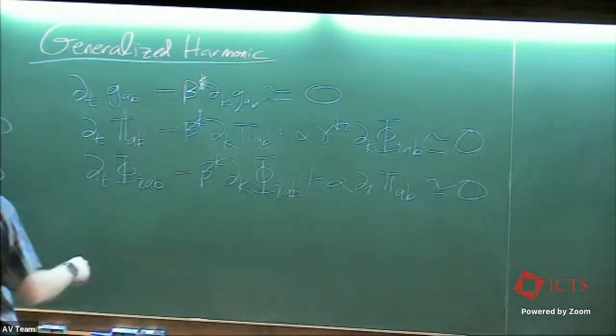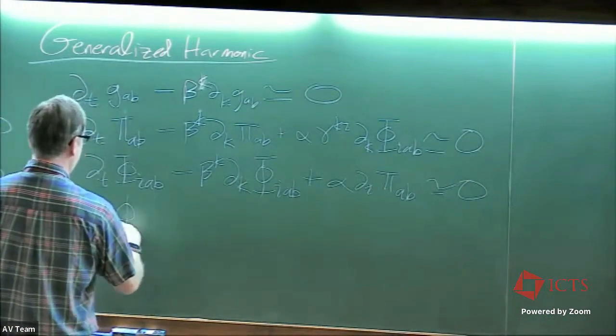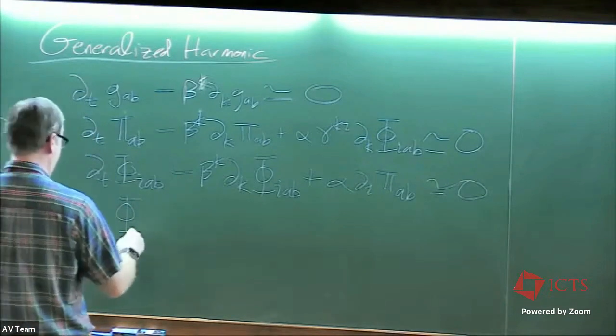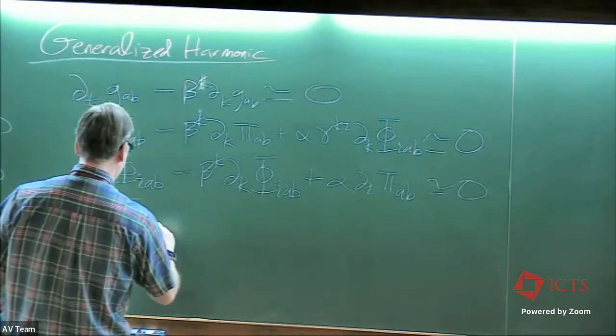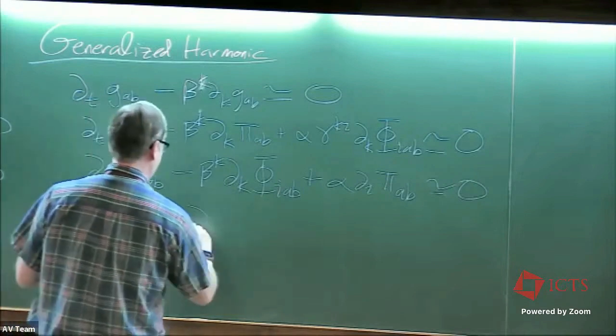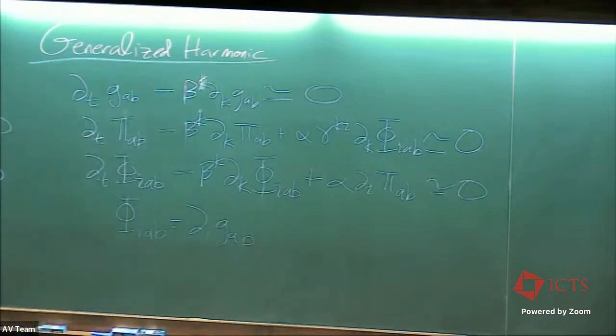So, how are Pi and Phi defined? Well, Phi is defined exactly in the same way. Phi_iab is equal to partial i g_ab, just like partial i g is equal to Phi i in the scalar wave case.